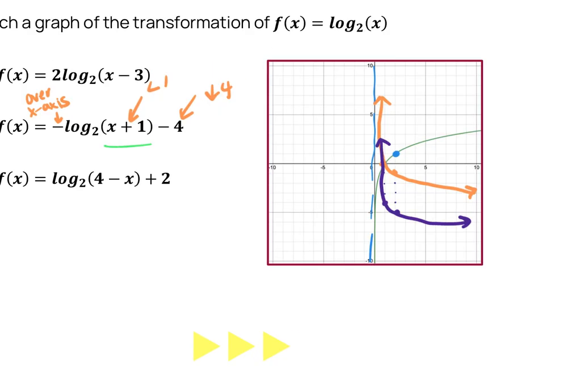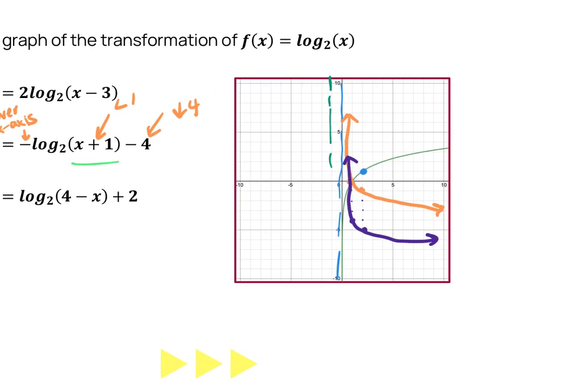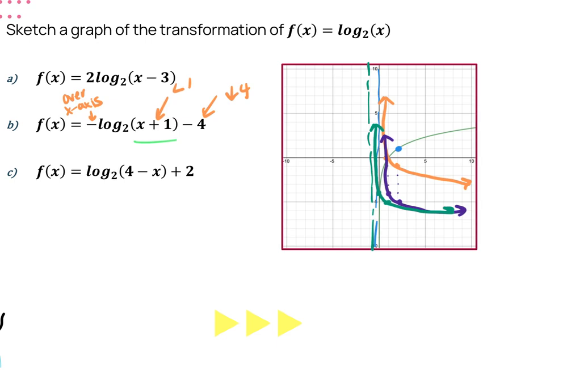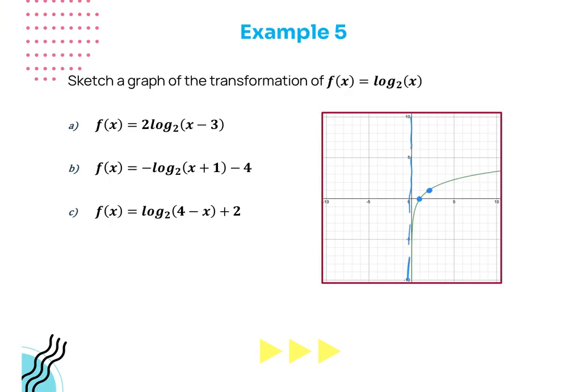That means my vertical asymptote also shifts left 1. We did the negative y first, but you could have also shifted it down and then done that, because it's not a stretch, it's just a reflection. Still good? Okay, last one.